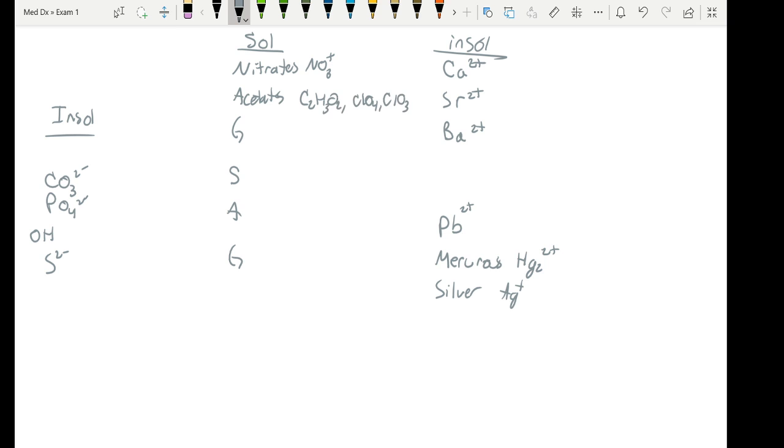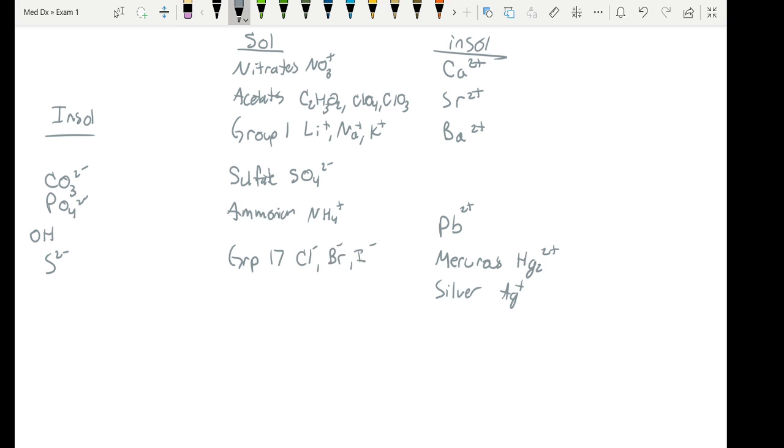And then you've got group 1 metals, which is your lithium, your sodium, and your potassium. And then you got sulfate, which is your SO4. And you got ammonium, NH4. And then you got group 17, which is your chlorine, bromine, and iodine.